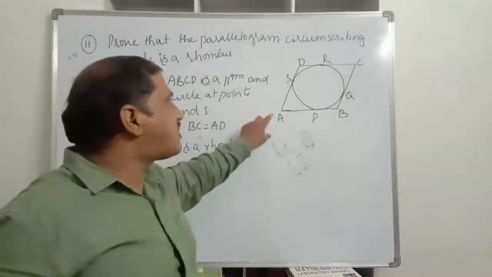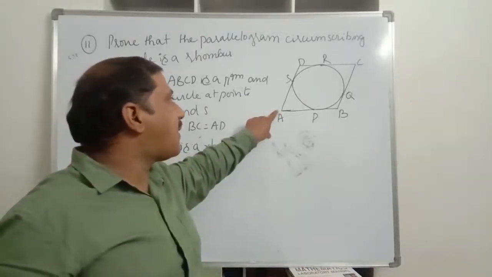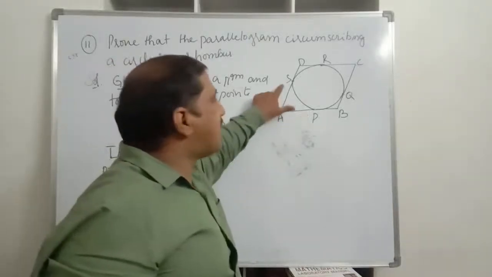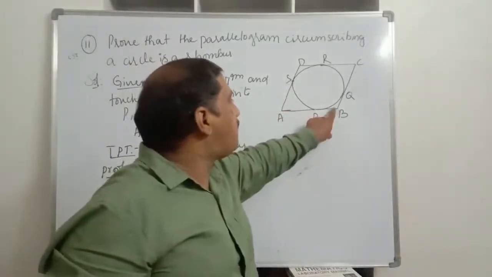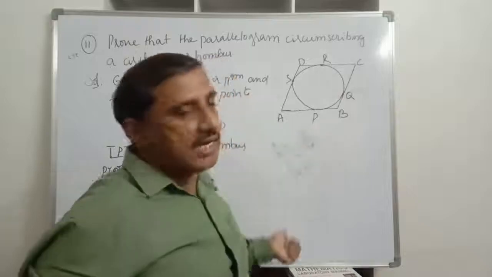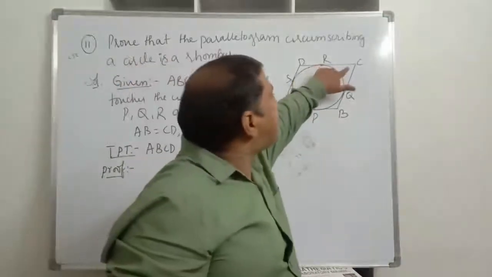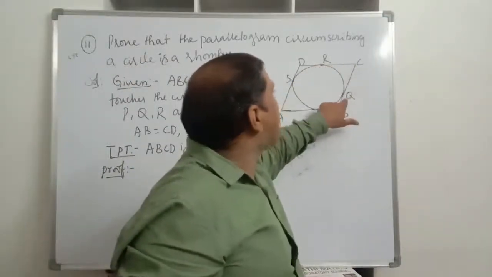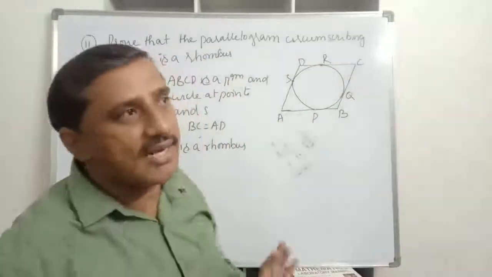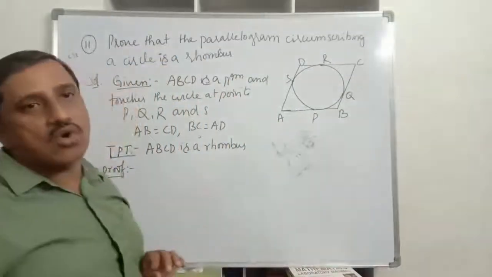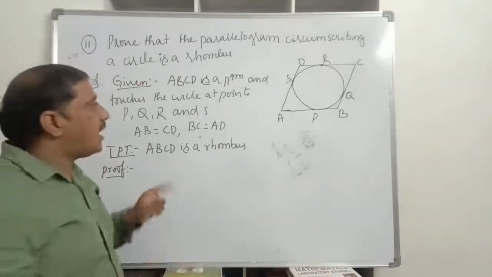The tangents drawn from external point A, that is AP and AS, are equal. Similarly, from point B, BP and BQ are equal. Similarly, from point C, CR is equal to CQ, and from point D, DS is equal to DR. That is, the lengths of the tangents drawn from an external point are equal.